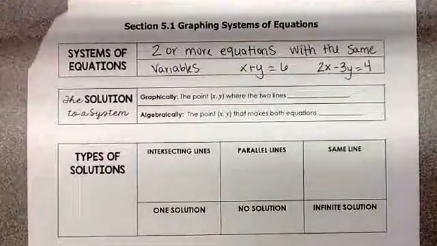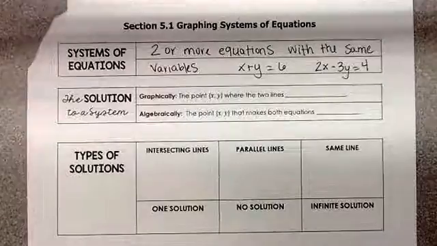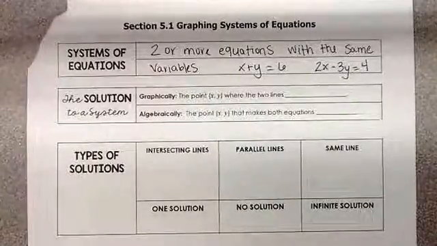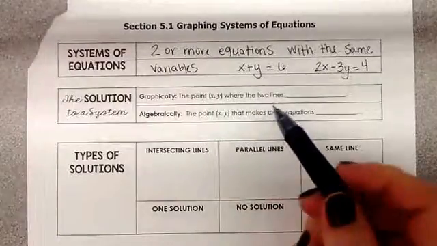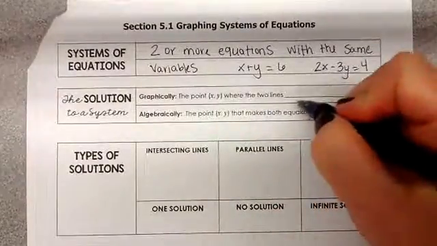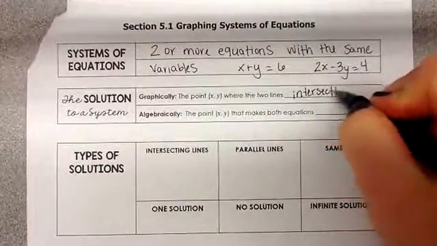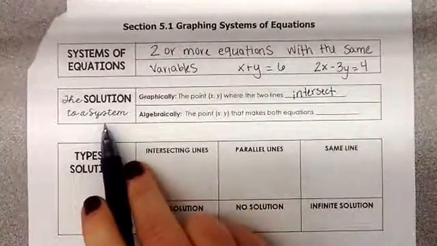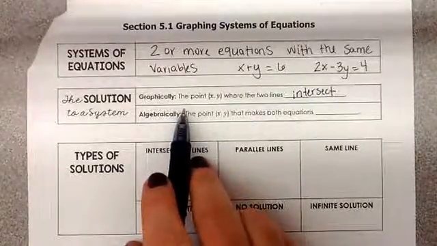One method that we're going to use is graphing. Today we're going to be graphing our equations, and we're going to make lines. And the point xy, where the two lines intersect, is your solution. So the solution to a graph is where the two lines intersect or cross.